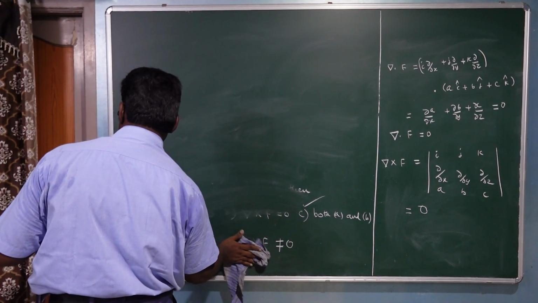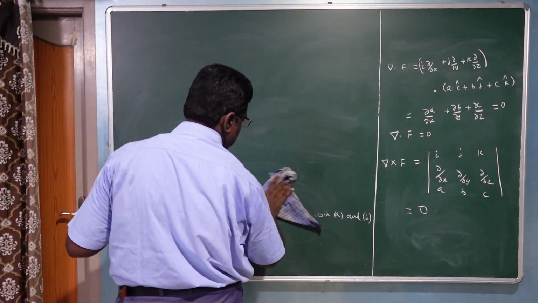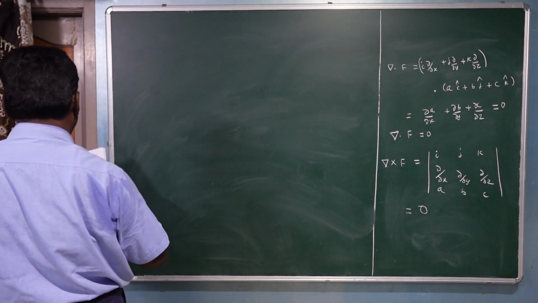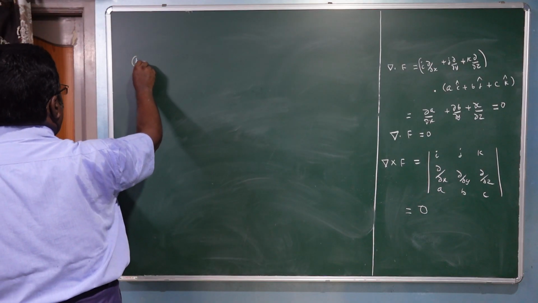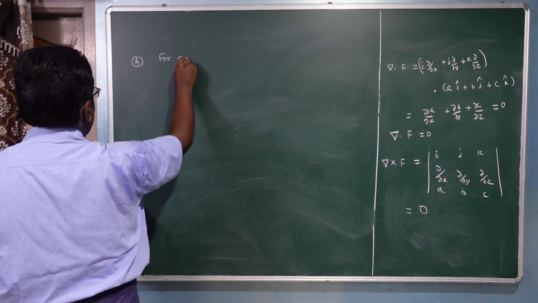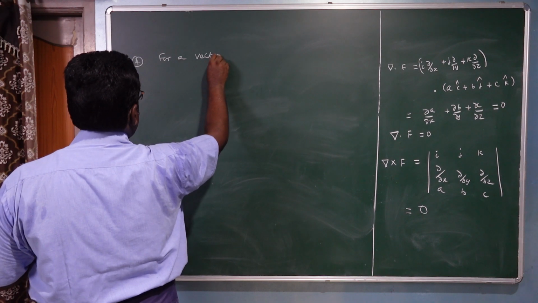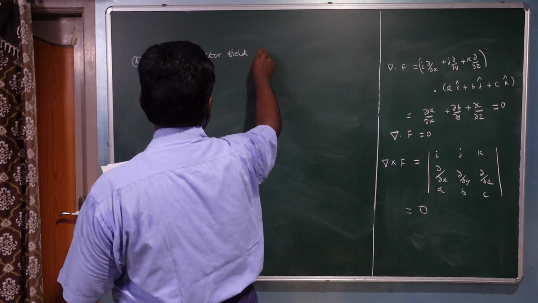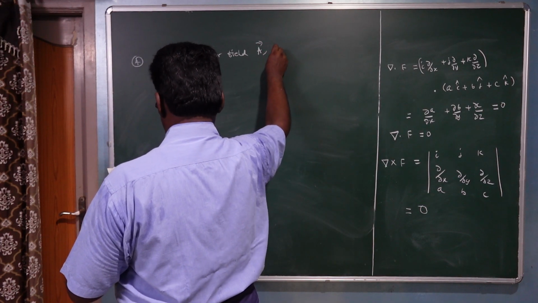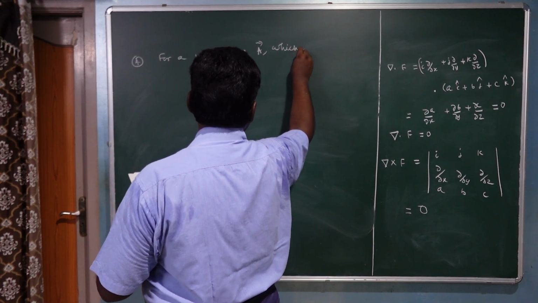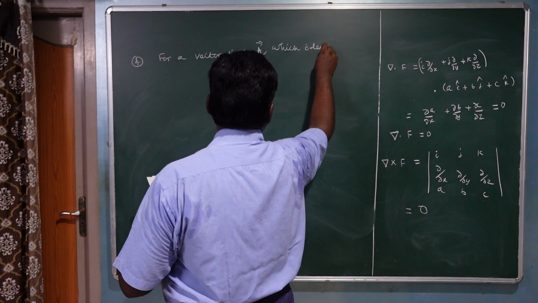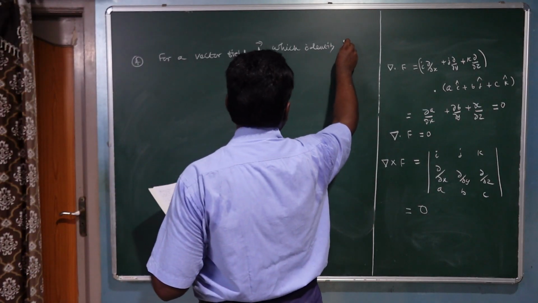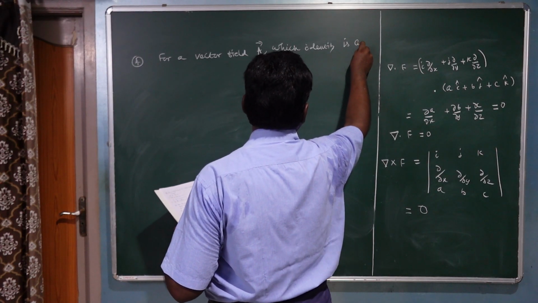For a vector field capital A, which identity is correct?